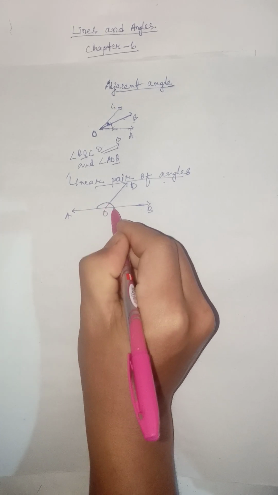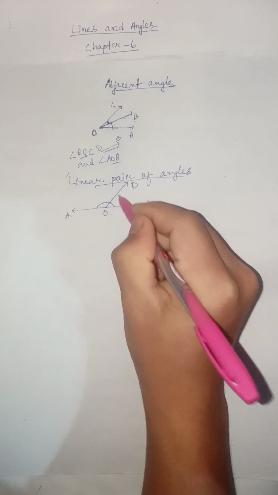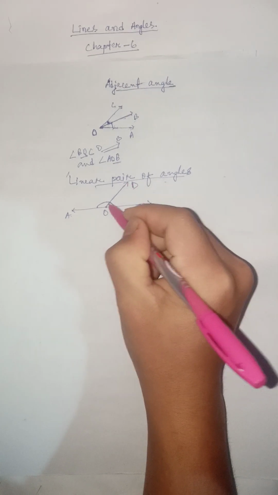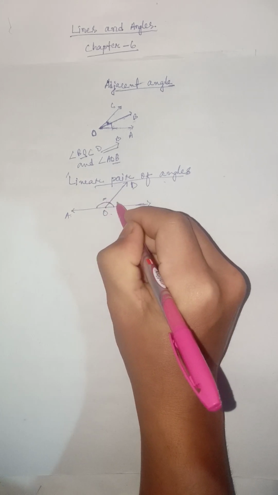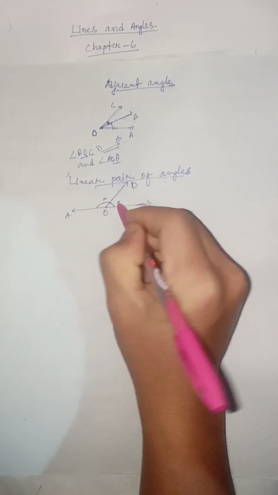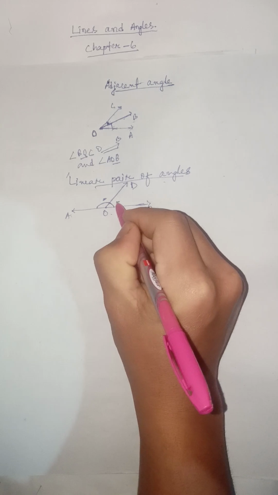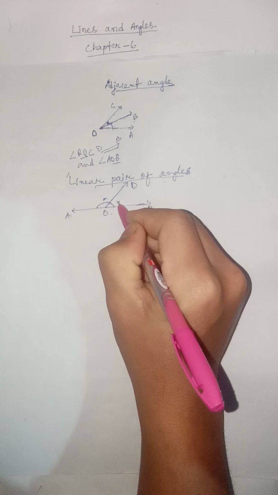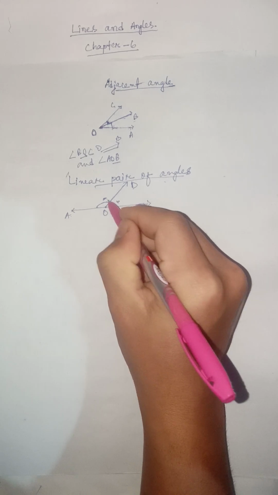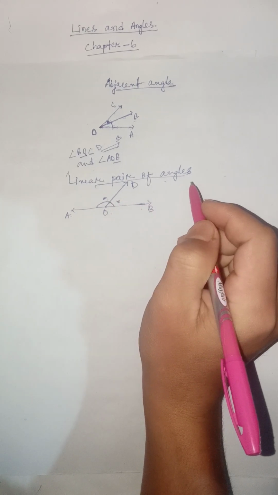It is 180 degrees, but as we introduce this one, this 180 degrees will be divided into two. One will be this one and the other will be this. Whenever you add these two angles, the sum that you will get would be 180 degrees. Such a pair of angles we'll call linear pairs of angles.